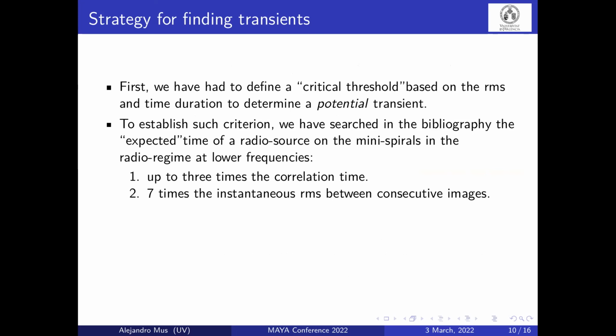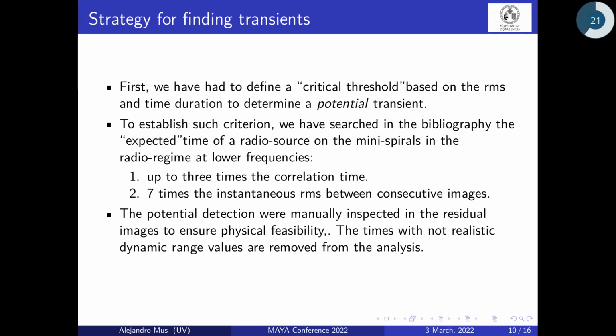So excursions such that they survive up to 3 times the correlation time, so up to 12 seconds, and they had an RMS of at least 7 times the instantaneous RMS between consecutive images. They were potentially transients, but not yet transients, because then we had to manually inspect all of these elements.